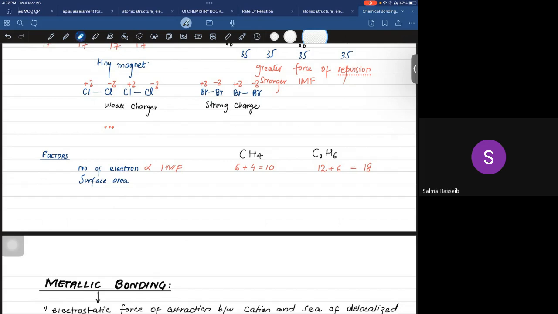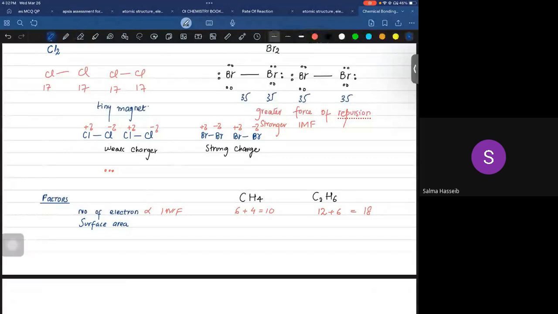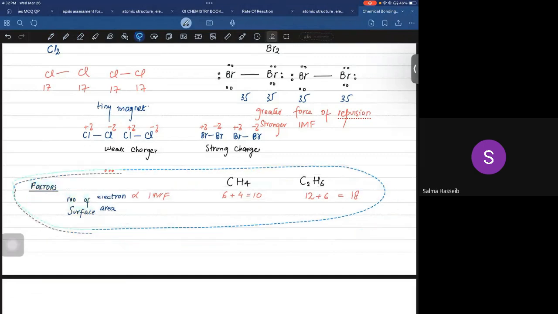Then we have another factor that is called surface area. The term surface area you will mostly see in organic chemistry.